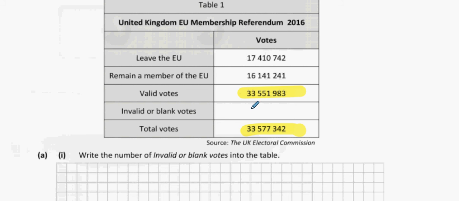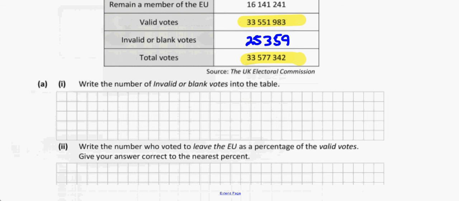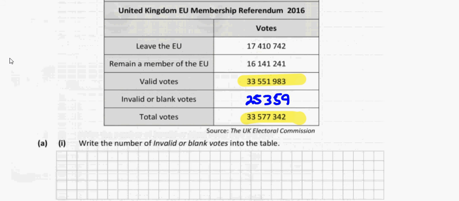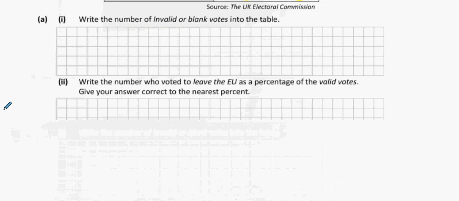Sorry, what's the first one? Say it out loud. 359. Awesome. Right, done. Write down the number who voted to leave the EU as a percentage of the valid votes. So how many voted to leave? 17,410,742. And what do we divide that by?